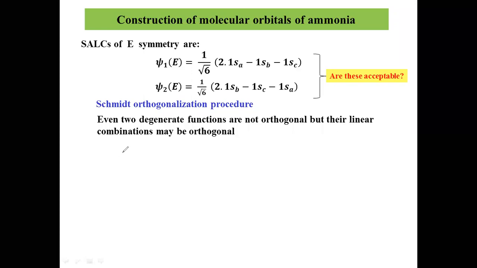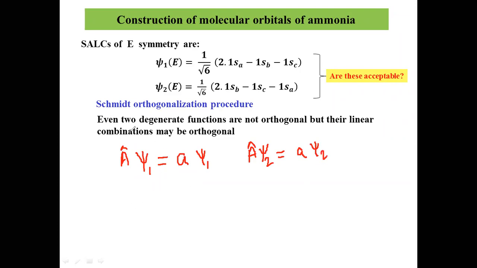Let's say I have an operator A, and I have two functions: psi1 with an eigenvalue A, and, as it is a degenerate function, another function psi2, and as they are degenerate, their eigenvalue will be the same. So that eigenvalue is A.